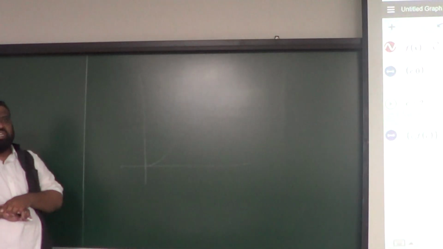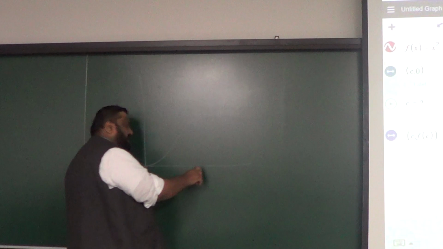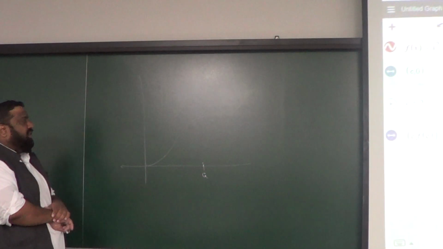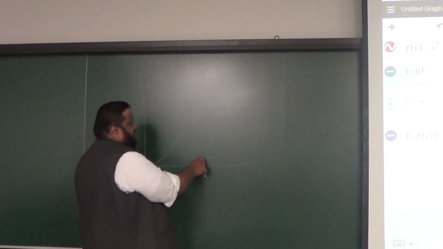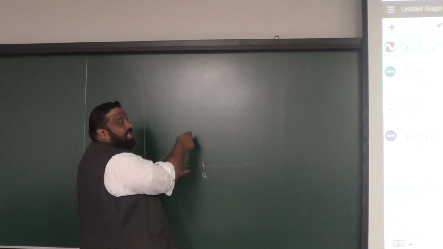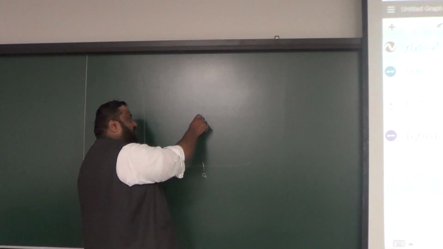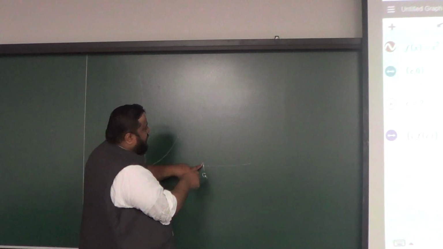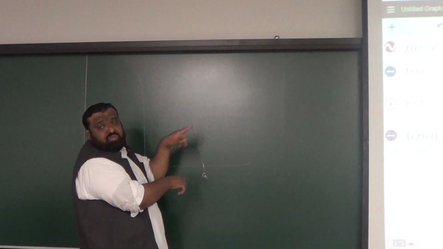Okay, so I have this graph, and I have a fixed point, A. I can have a value corresponding to A, but it's not necessary that you have a value corresponding to A. You can call it the value of the function evaluated at A.